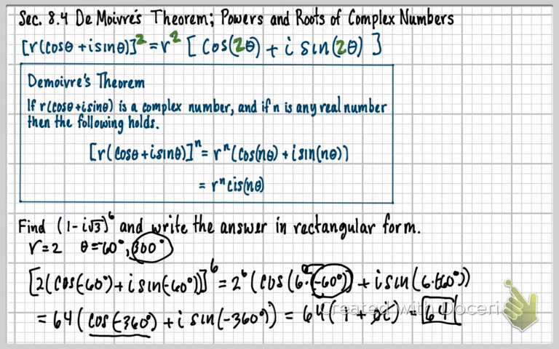And 360 actually divides 1,800, so that would really take me back to the same place. So it doesn't really matter which one I use here, but I just wanted to show you where that comes from.